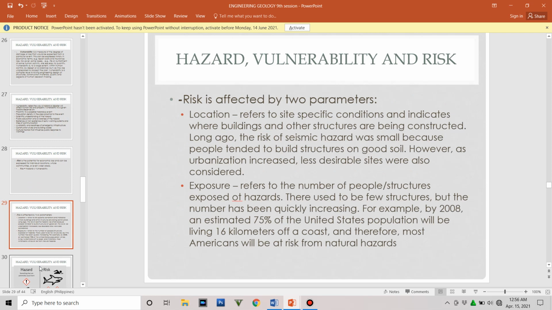For example, by 2008, an estimated 75% of US population will be living 16 kilometers off a coast, and therefore most Americans will be at risk from natural hazards. So kung noon, wala pang bahay sa mga island, now that is being occupied because of the increasing population. Of course, the more people exposed, that is actually a parameter of exposure.